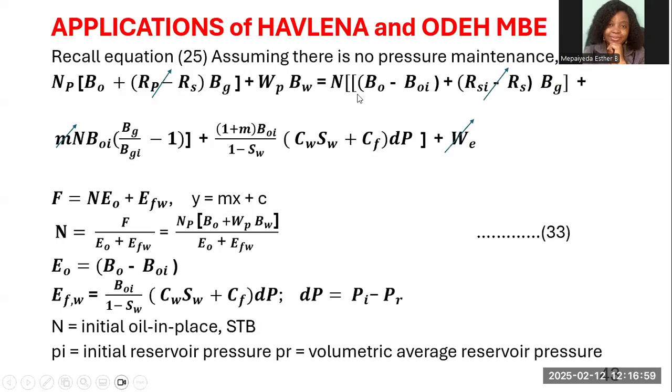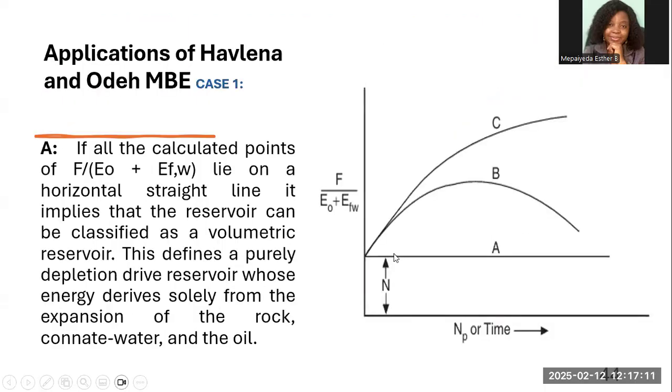Your equation 25 is further reduced to this. We try to put it in Y equals mx plus C. And then when this is plotted against NP, we are able to estimate our N.